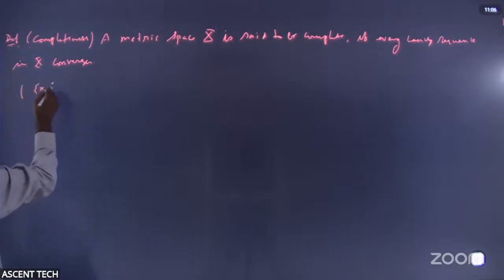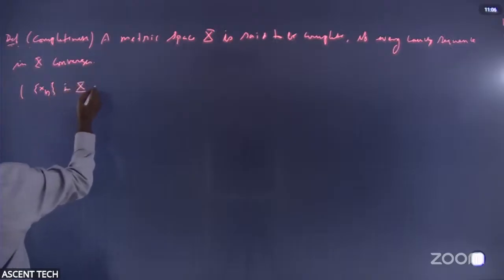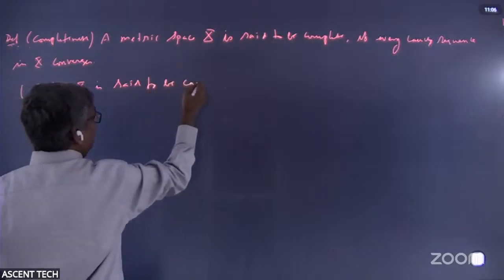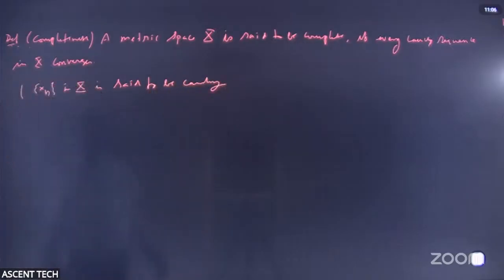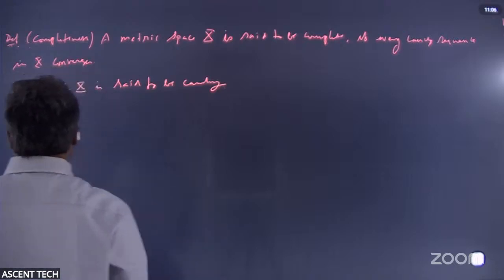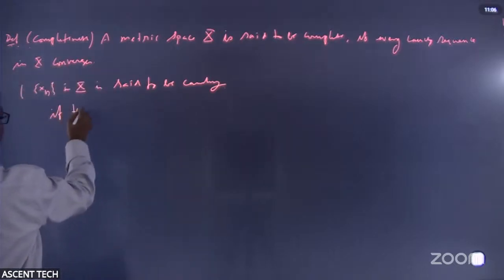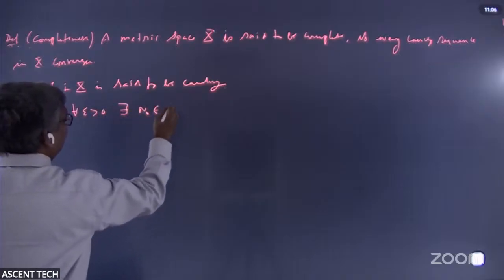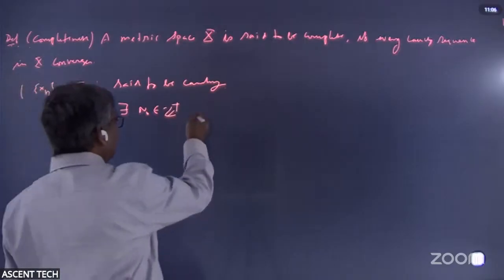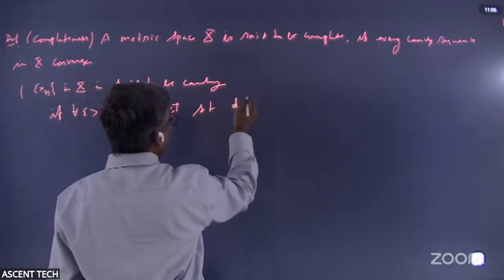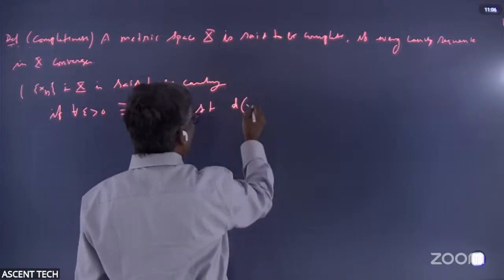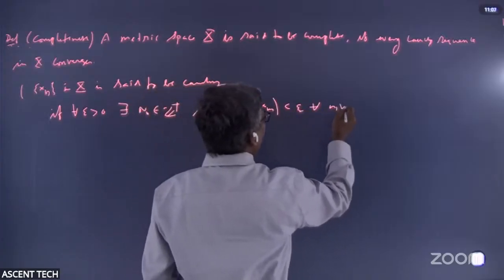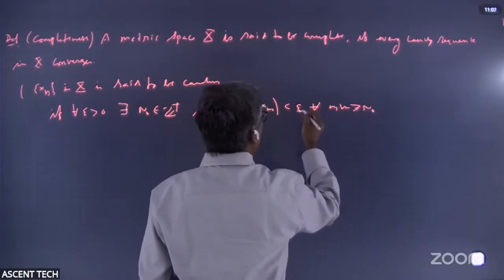A sequence Xn in X is said to be a Cauchy sequence if for every epsilon greater than 0, there exists an n naught, a positive integer, such that the distance between xn and xm is less than epsilon for all n and m greater than or equal to n naught.